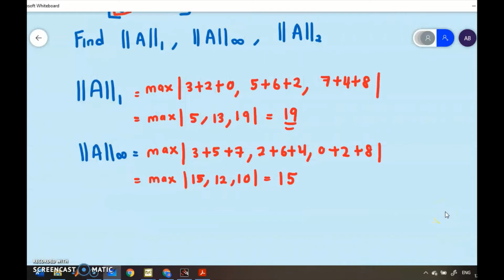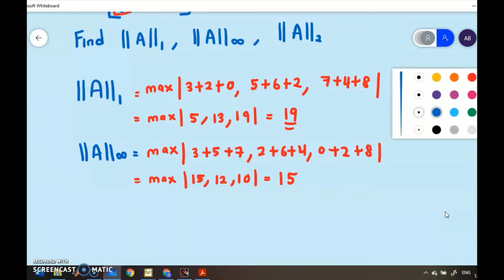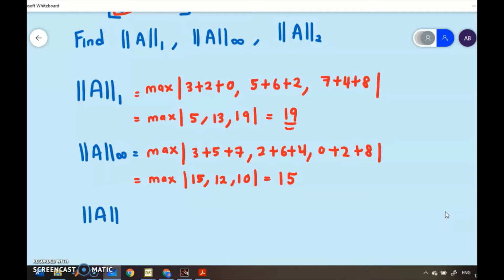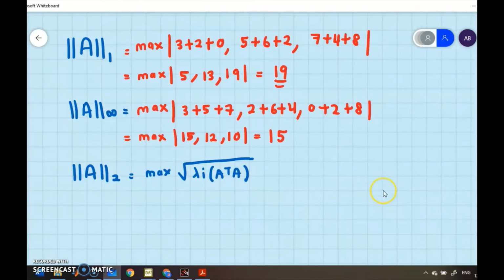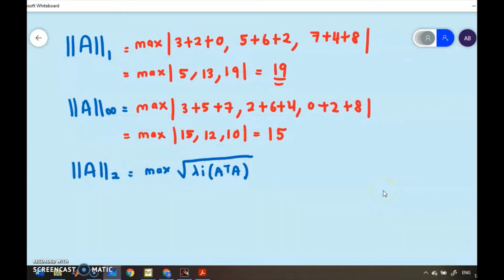Now there is also the 2 norm, which is slightly more complicated. To find the 2 norm, the definition is the maximum of the square root of the eigenvalues of A transpose A, where i goes from 1 to n, depending on our matrix.